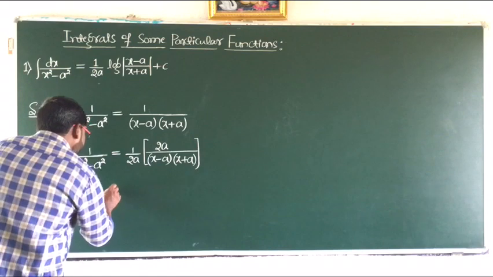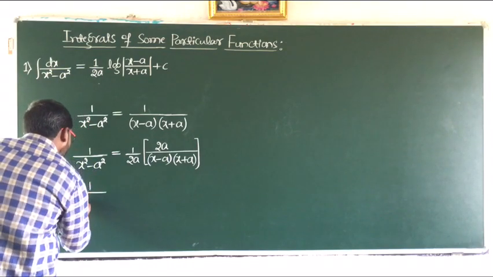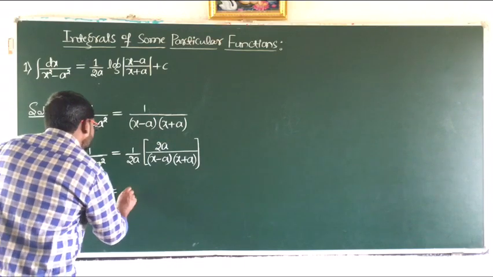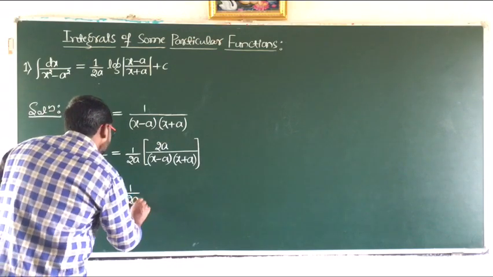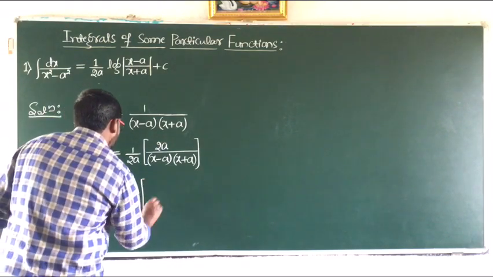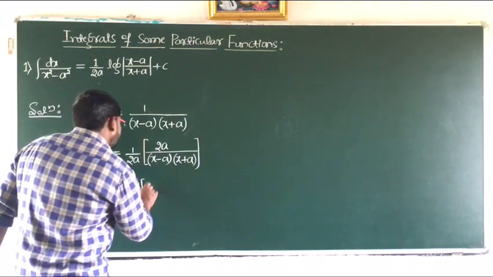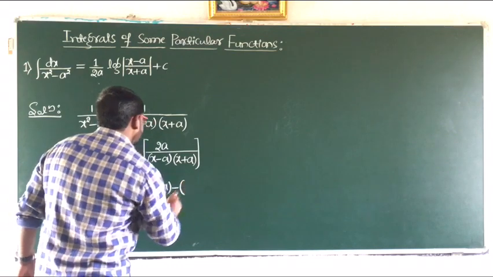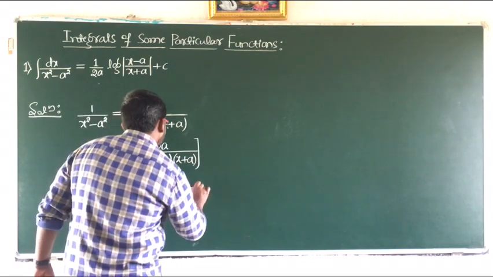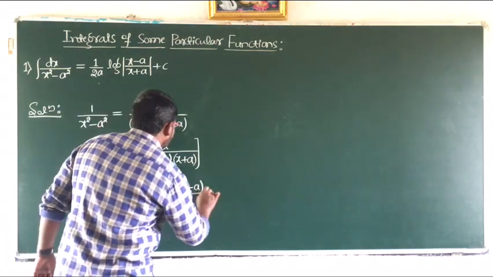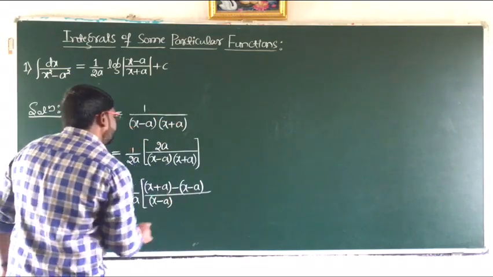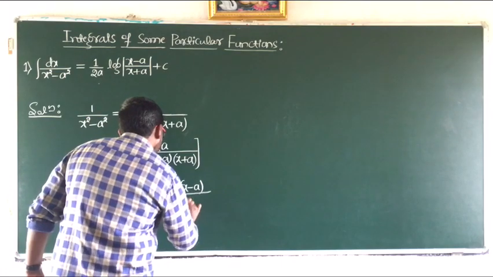So the next step will be 1 divided by x square minus a square, 1 by 2a, then I write x plus a, then minus x minus a, whole divided by x minus a into x plus a.